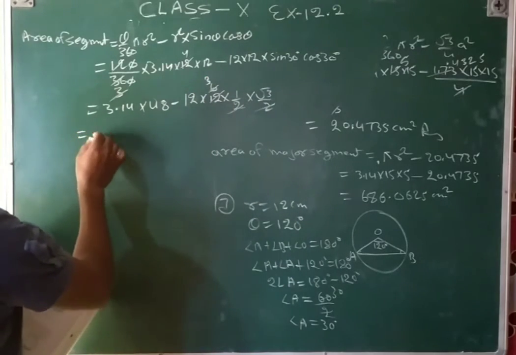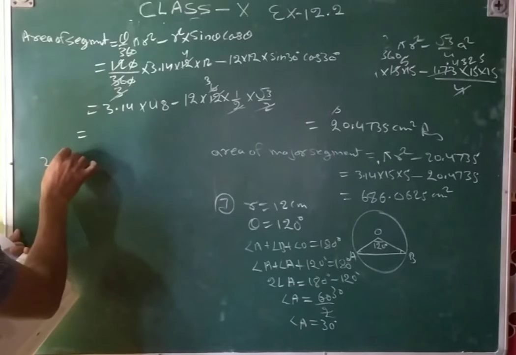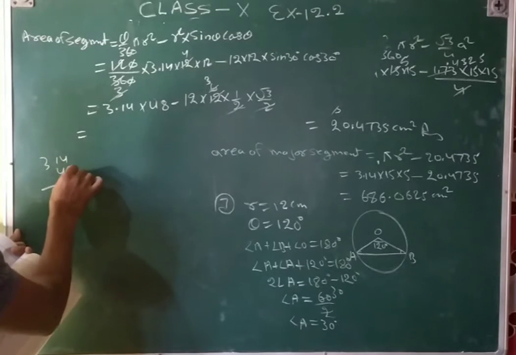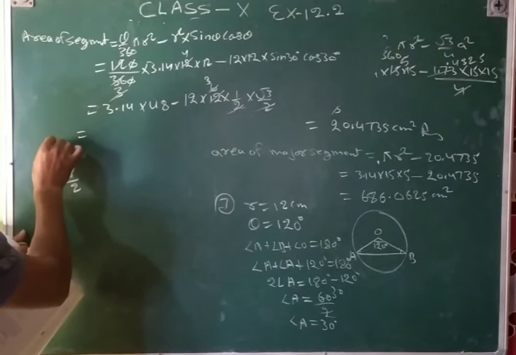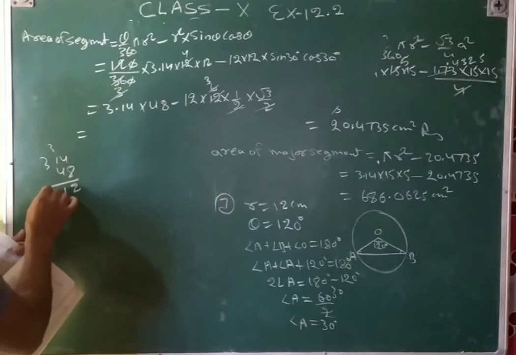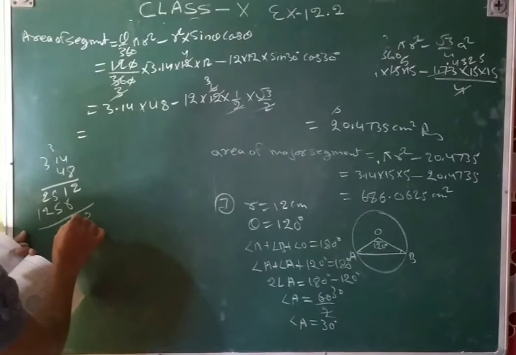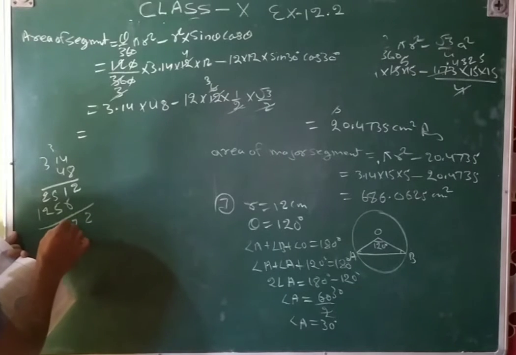Then after multiplying that, it will become 3.14 multiplied by 48, that is 150.72.